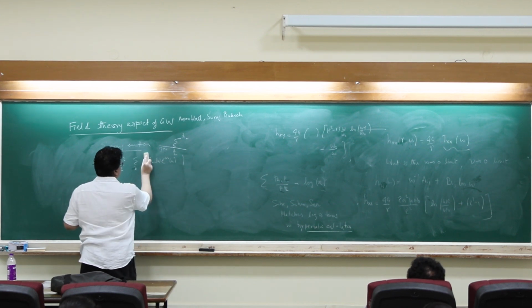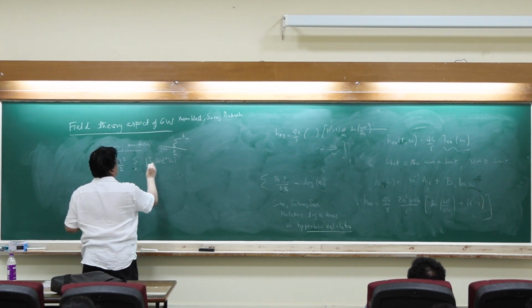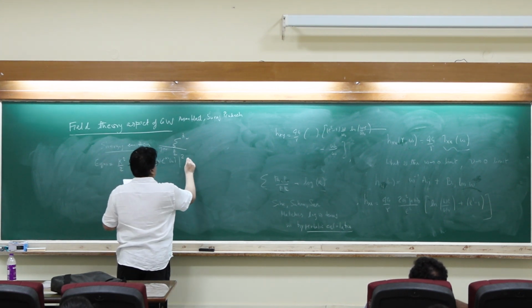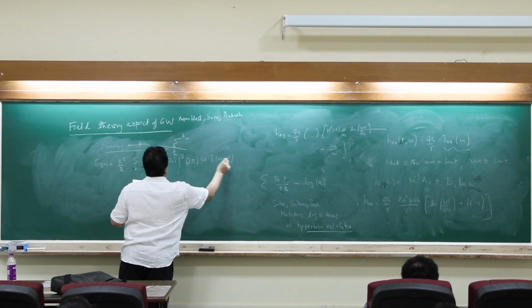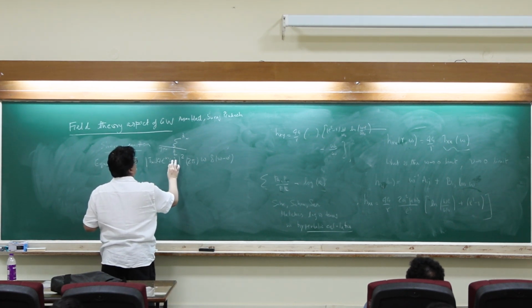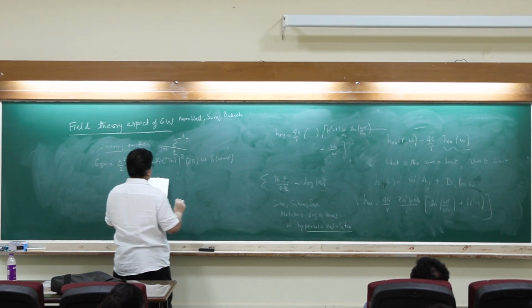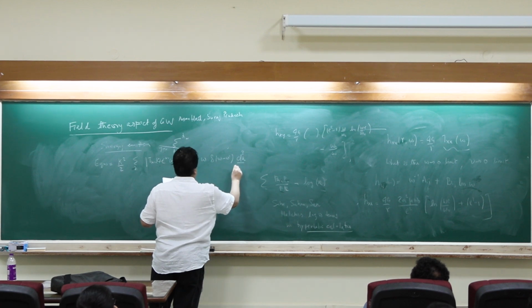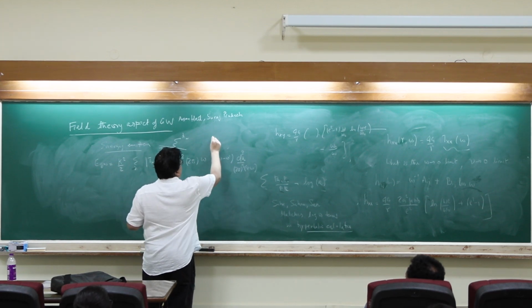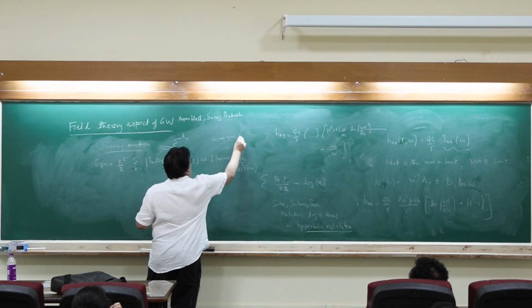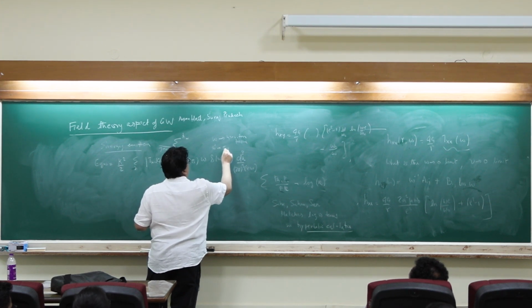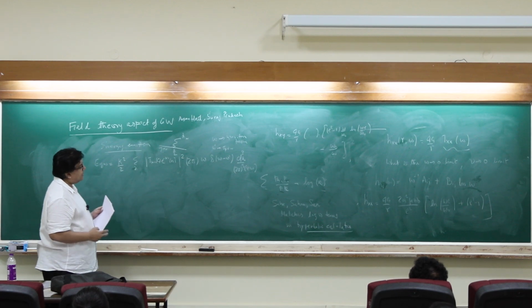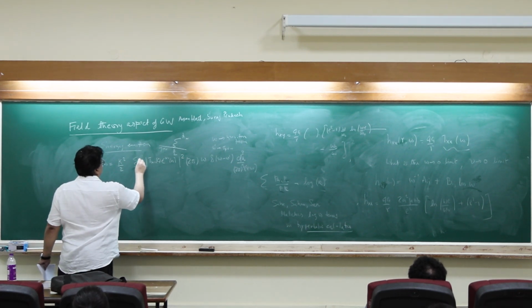Then you use the mod square. Omega is the graviton frequency, and omega prime is the T mu nu frequency, which is summed over, and there is an integral over this.